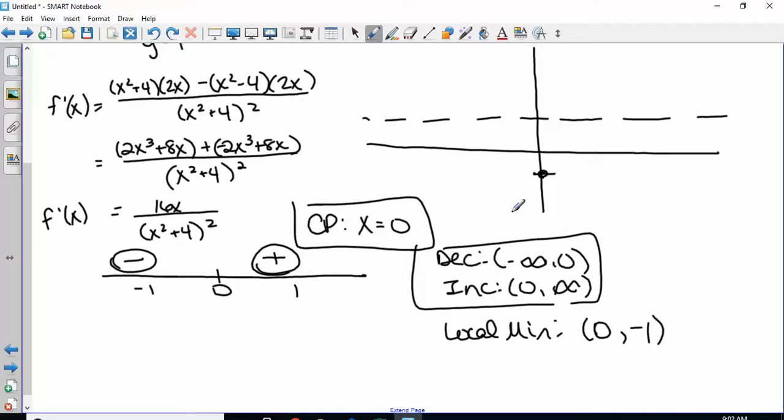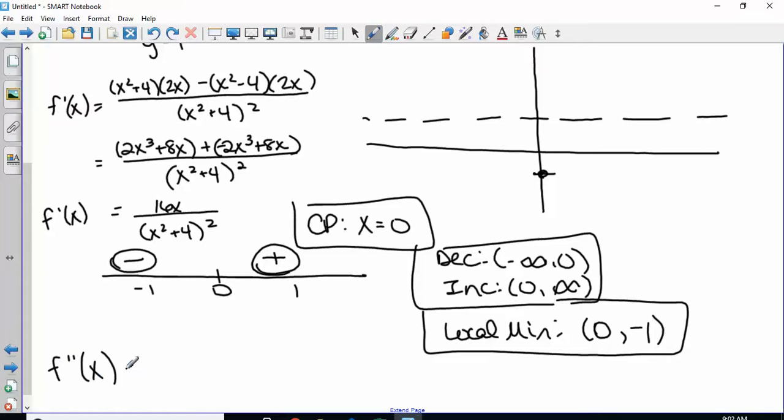All right, so we did the increasing, decreasing, we did max and min. Now we need inflection points. How do we get inflection points? Second derivative. So second derivative, we still have a quotient. So it's low, d high, derivative of the top is 16, minus high, d low.